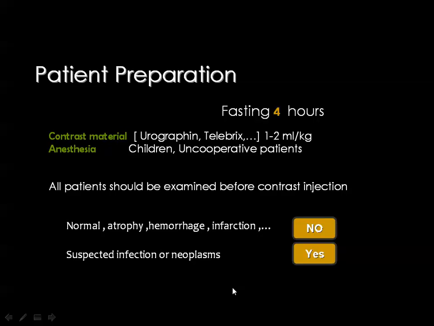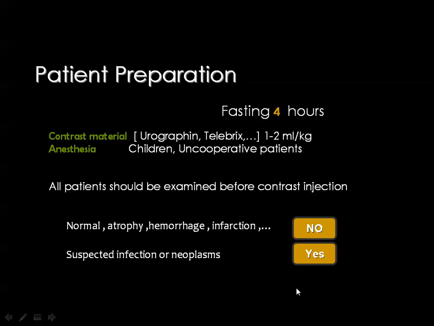Then we'll continue. And you know that whenever we are going to examine a patient with CT or MRI, there may be some pre-examination preparations. And for the brain, by CT and MRI, we do not need any specific preparation apart from to make the patient fasting for about 3 to 4 hours.